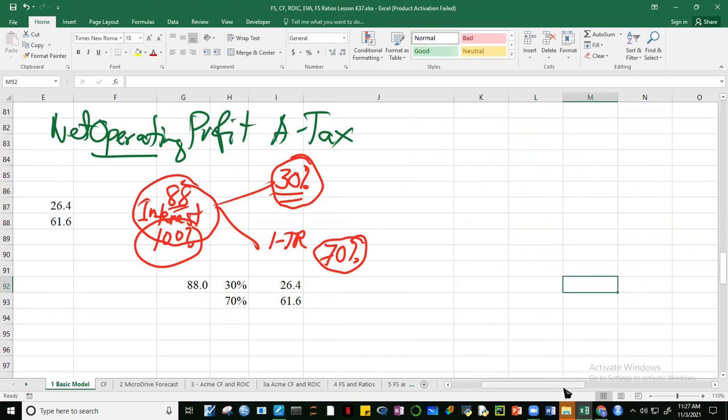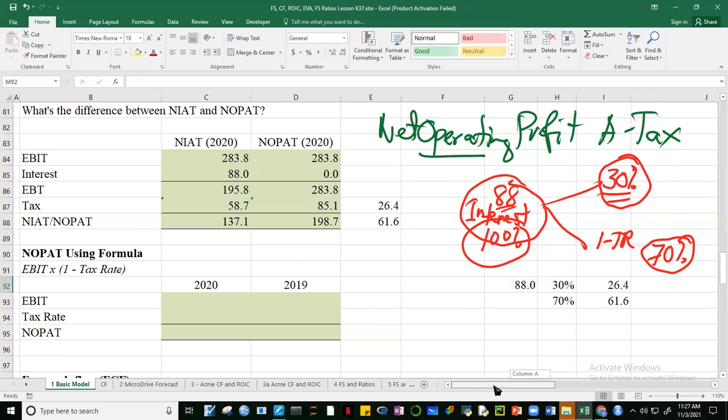So we looked at 88, the interest expense, because this is the difference between your net income after tax and your NOPAT. Now looking at the bottom line, your NOPAT is higher than your NIAT, not by 88. It's only by 61.6. Why?